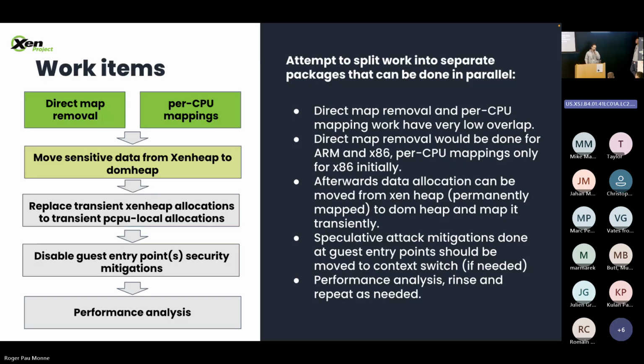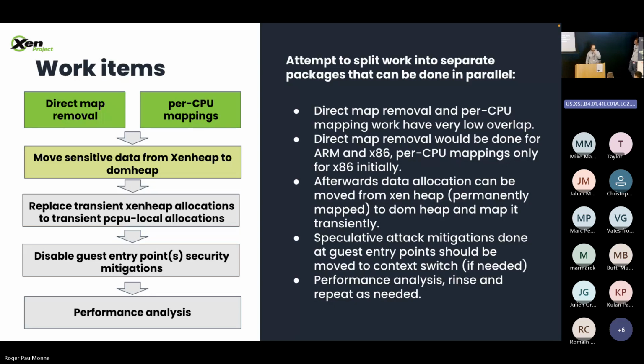They are largely independent. The direct map removal is largely a misnomer because it's simply a removal of the DOM heap in the direct map. It is already done and has been tested to work. Same for the per CPU mappings. Once they are both combined, we will need to start going through the process of migrating everything.